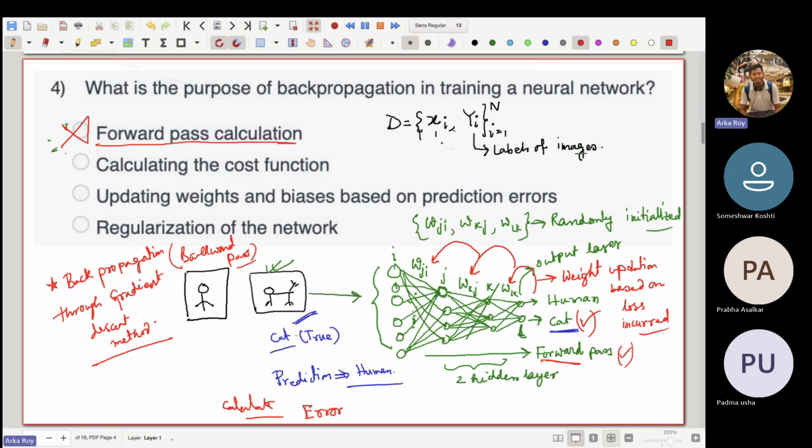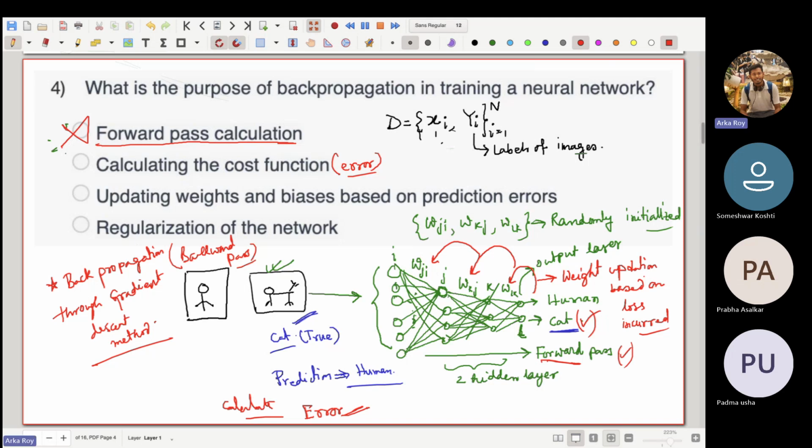Then calculating cost function. Calculating cost function means calculating error. After the forward pass, you check whether you have made the correct prediction or not, and if you have mispredicted, then you calculate the error.